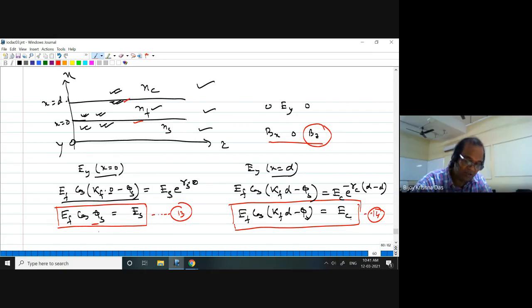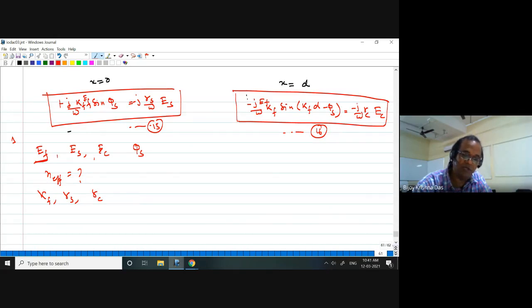Our interest is not just amplitude, because amplitude can be normalized and you can just relate what the value is from the boundary condition. Our interest is to find out the value of phi s, right? Because this amplitude depends on how much power is there in that mode. So to find phi s, let us see equation 14 and equation 16, this one. Let me write down 14 here.